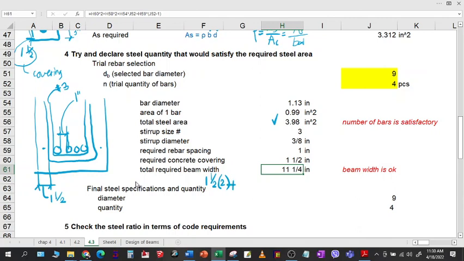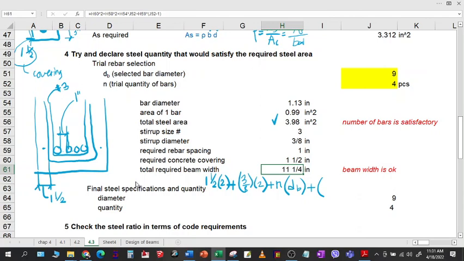Then the stirrups, 3/8, so plus 3/8 times 2, then plus the number of bars, plus n times the diameter of your selected rebar, then plus the space between the rebars.